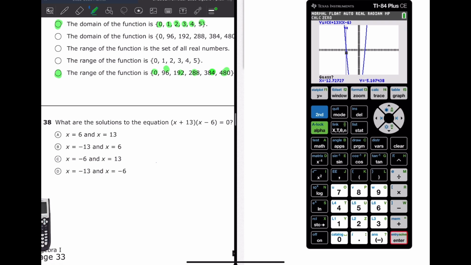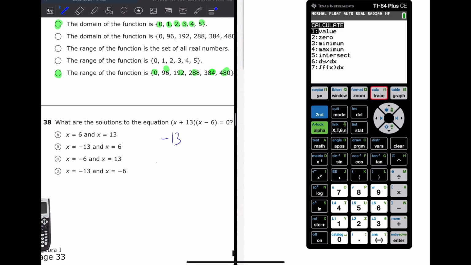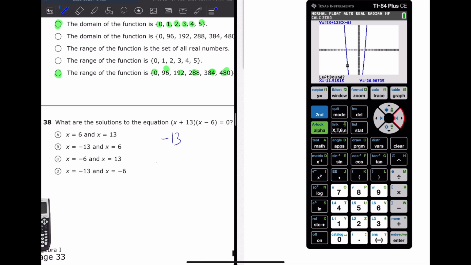Type in your left bound, your right bound, and your guess. -13 is one of the zeros. Go back to 0, and we're going to check the other side. Your left bound will be at the bottom, right bound on top. And it looks like 0 is 6 on this side. So we'll just select the best choice.